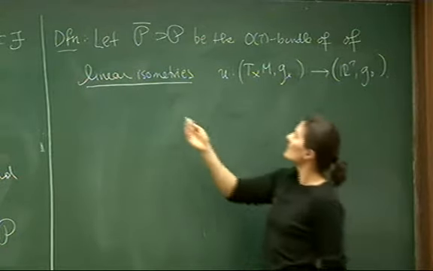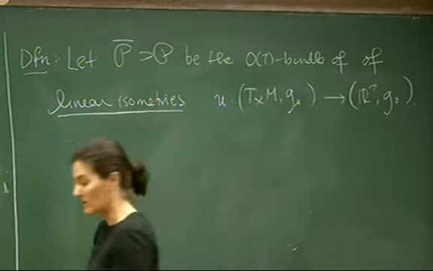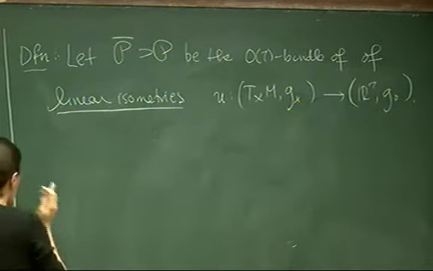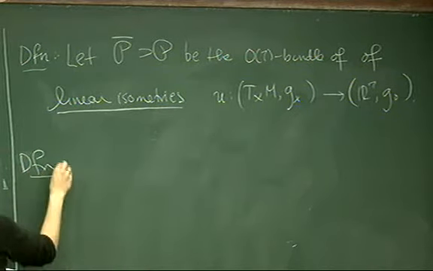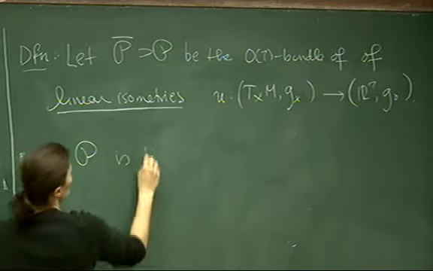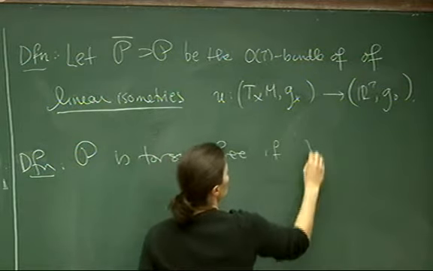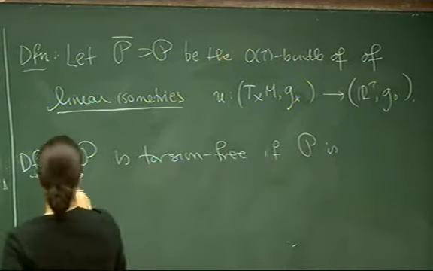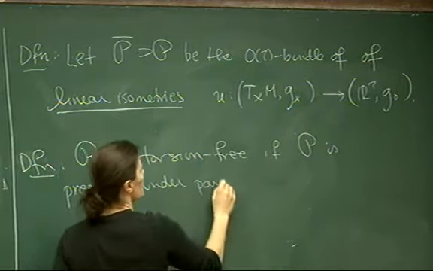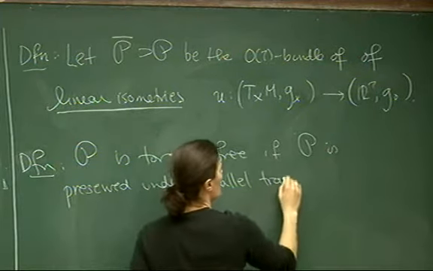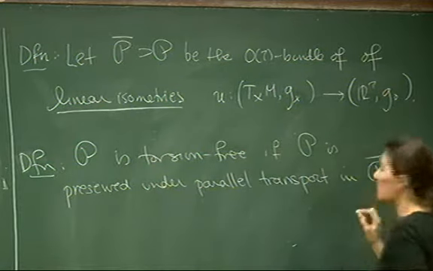So this is just the orthogonal bundle determined by our G2 structure, by the metric it puts on the base manifold. And by definition, P is torsion-free if P is preserved under parallel transport in P bar.